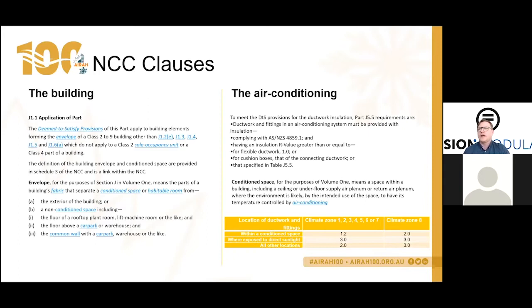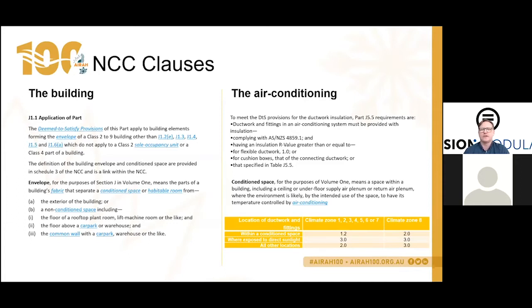We're looking at clause J 1.1, the application of the part is to the building envelope. So what we're talking about is the building fabric, which forms part of the building envelope, and that building fabric will be required to meet an R value, and that R value has to be applied to all class 2 to 9 buildings for any aspect of the building fabric.